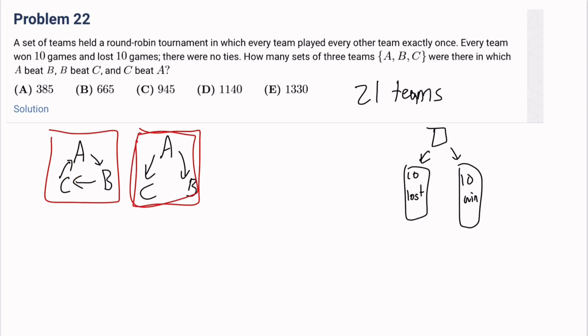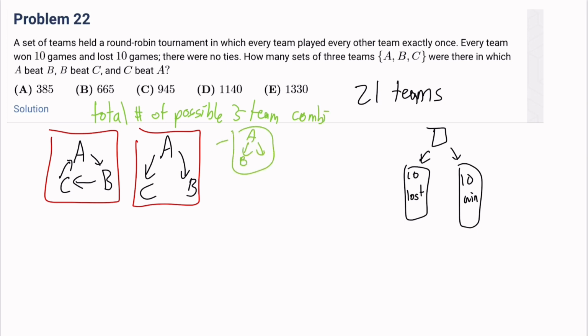And so what we have to calculate is the total number of possible 3 team combinations minus this one, A wins both B and C, right?